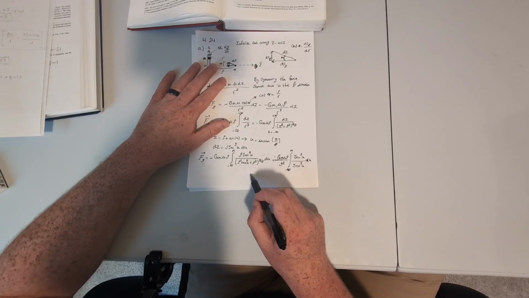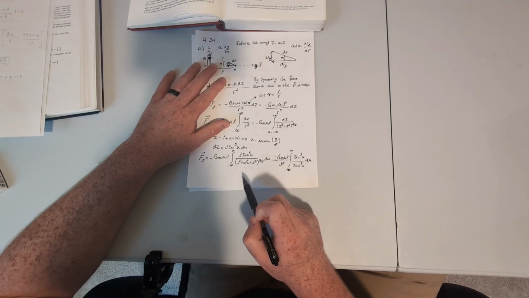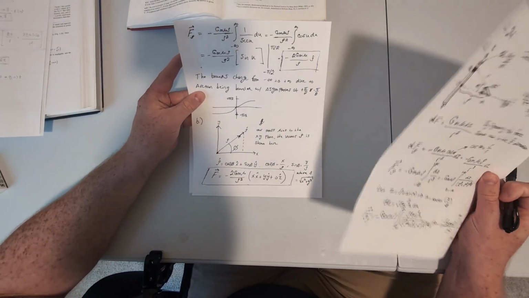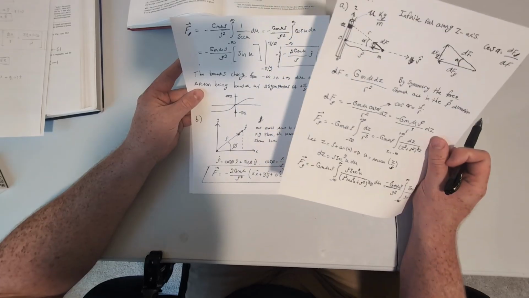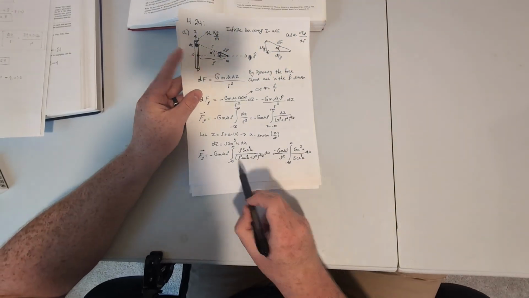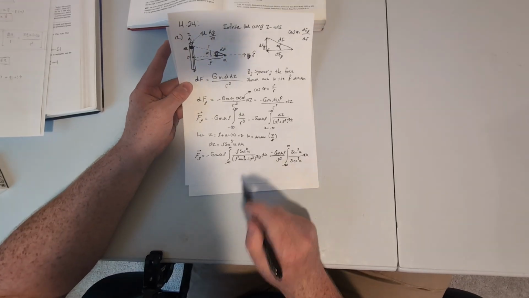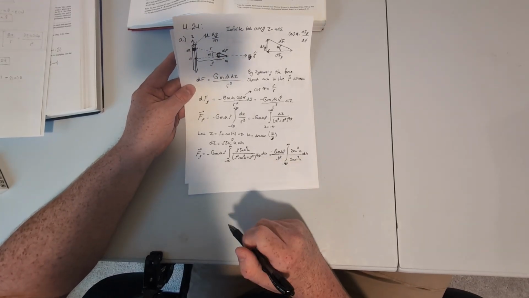because tangent squared plus 1 is secant squared, I believe. So let me just double check. When you factor out rho squared, you're just left with tangent squared of u plus 1, still to the 3/2.